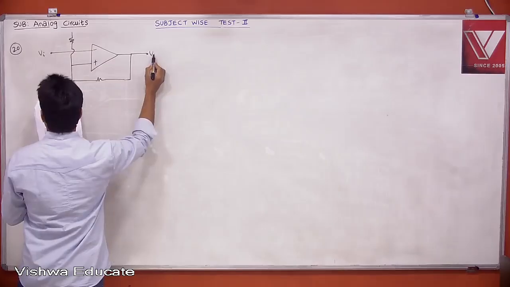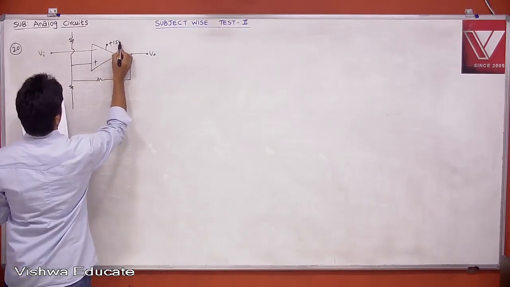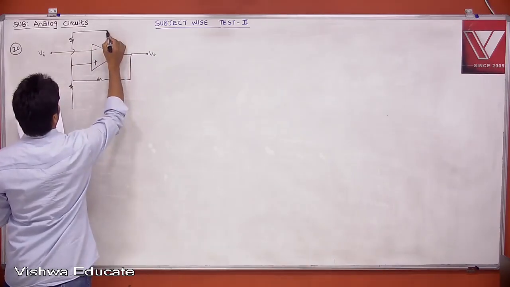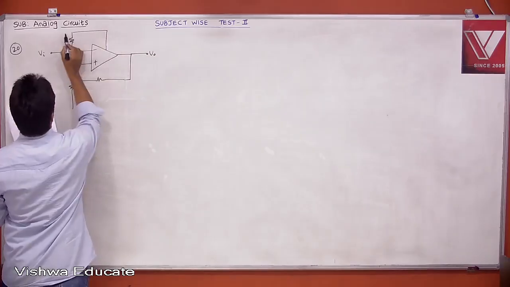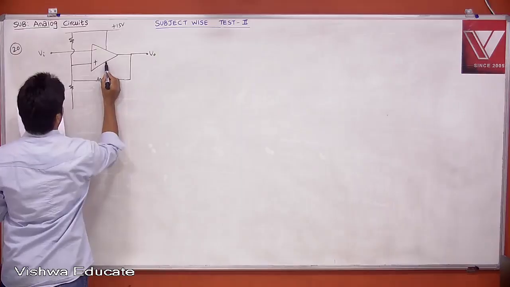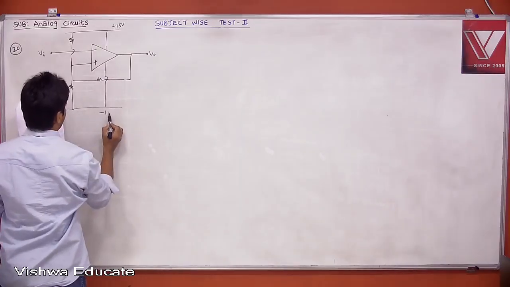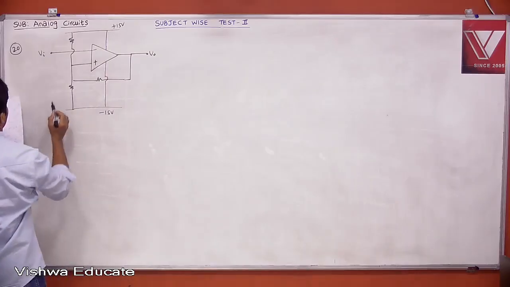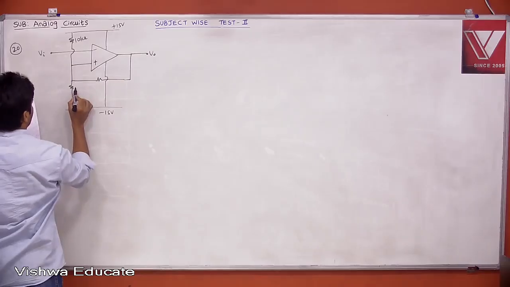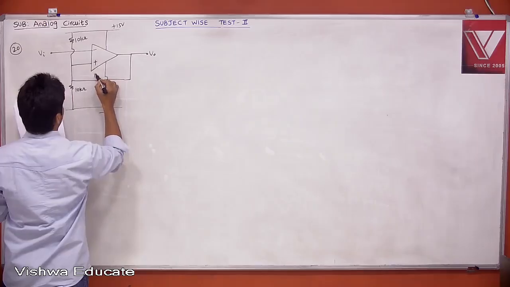This is your V0, with supply minus 15 and plus 15. This is 10 kilo ohm. This is also 10 kilo ohm. This is also 10 kilo ohm.